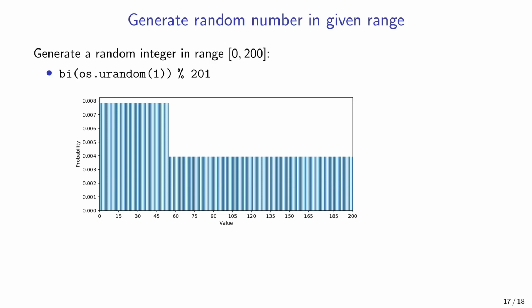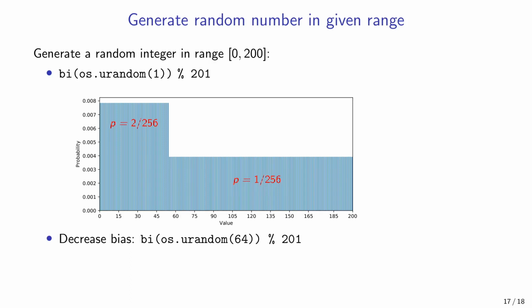The reason is because the byte values larger than 200 will not be discarded, but will be reduced by 201, thereby doubling the probability of the values 0 to 54 occurring in the result. So while the probability to observe these values will be 1 out of 256, the probability to observe these values will be 2 out of 256. As you see, this is a significant bias that may lead to a compromise of a crypto system.